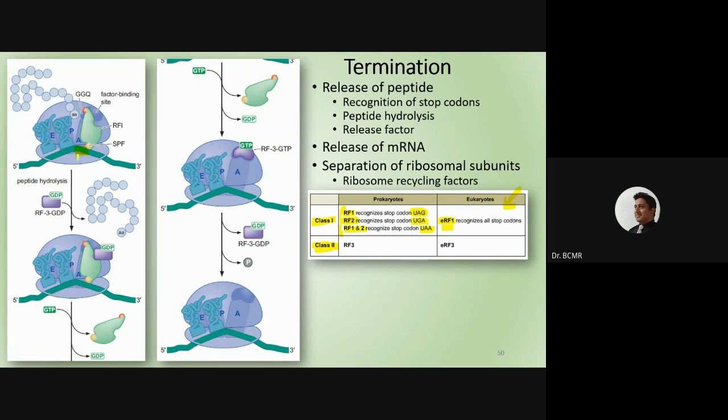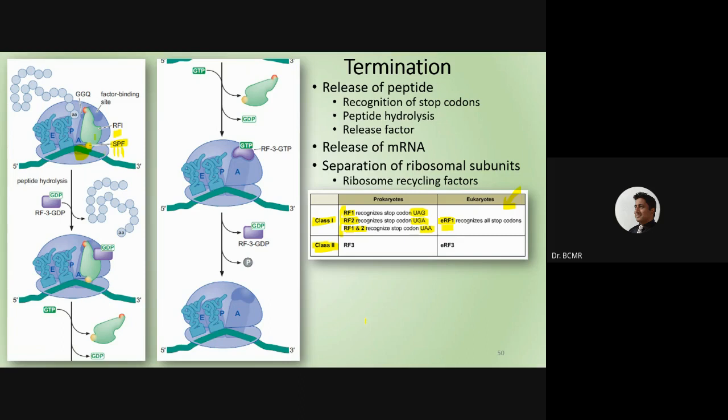So if there is a stop codon present here, then RF1 will bind to this site. And it is thought that there is a small serine, proline, phenylalanine, at the tip of the RF1, supposed to have something called a peptide anticodon.